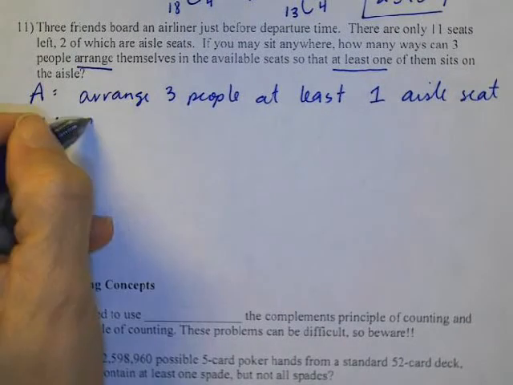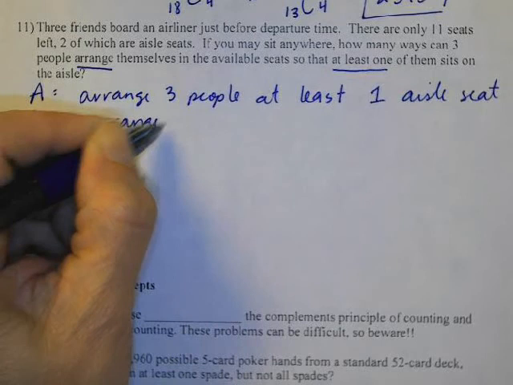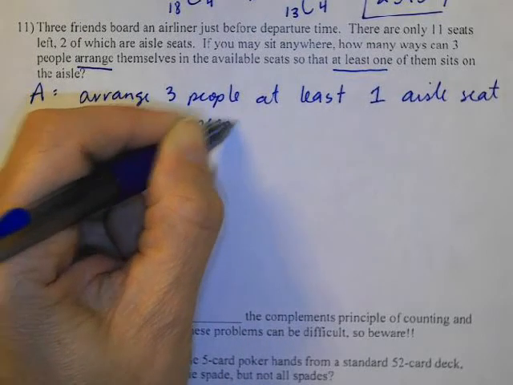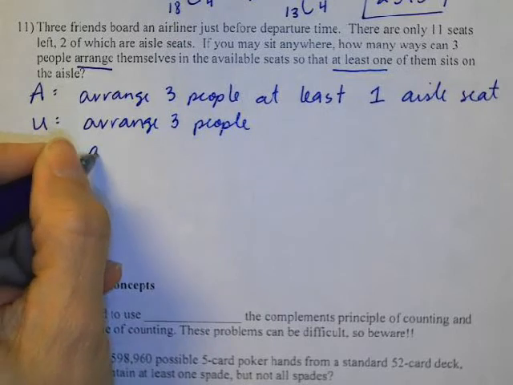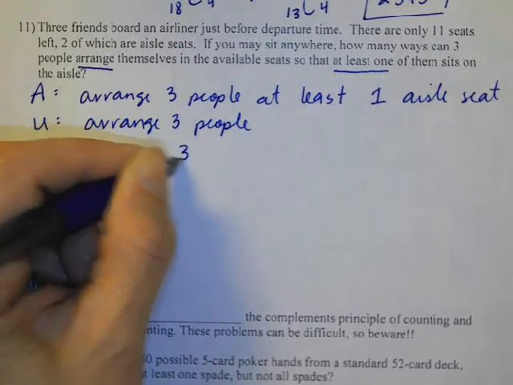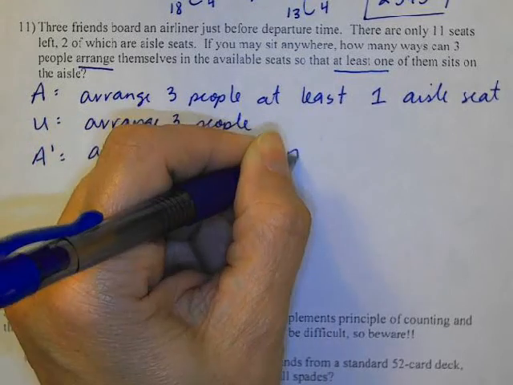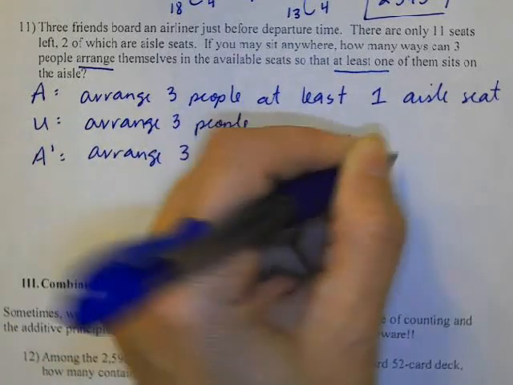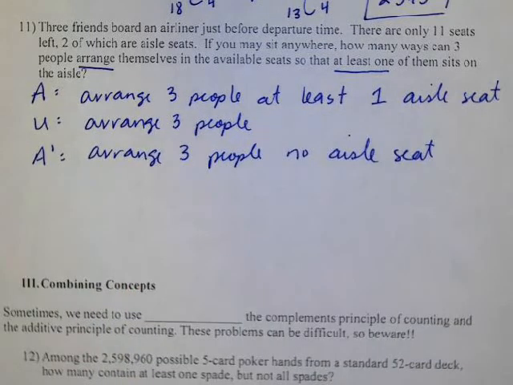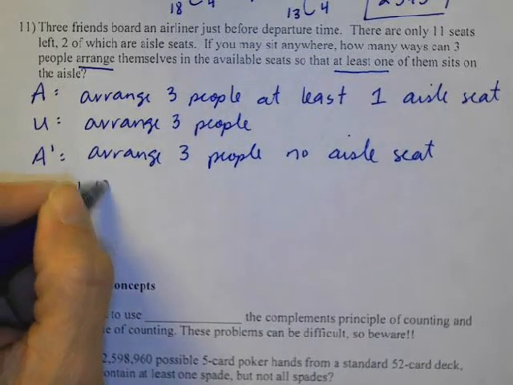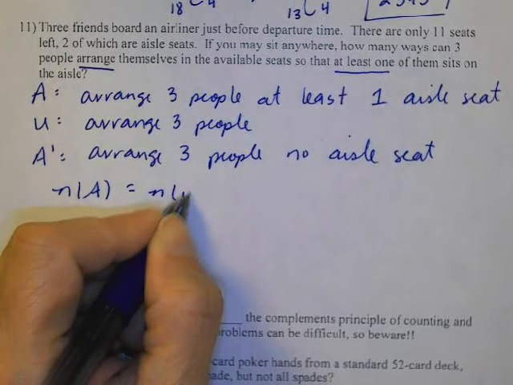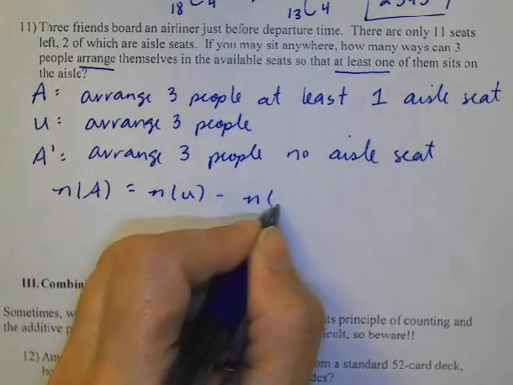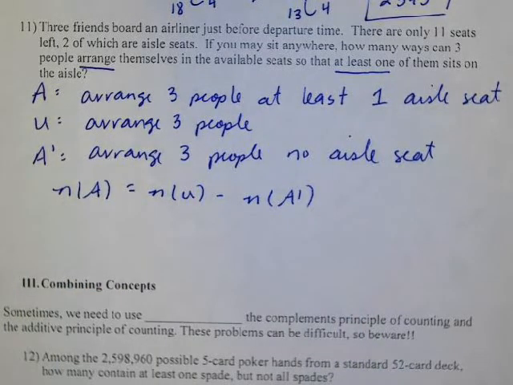U is arrange 3 people. A prime is arrange 3 people, no aisle seat. All right, so this is n of A equals n of U minus n of A prime. So U, arranging 3 people. Okay, now we're going to talk about that. Arrange. That means order matters.